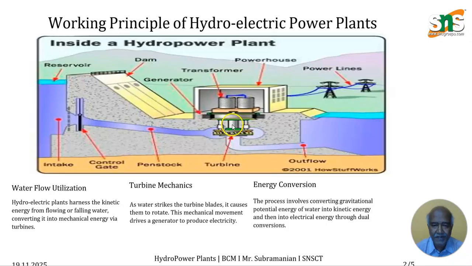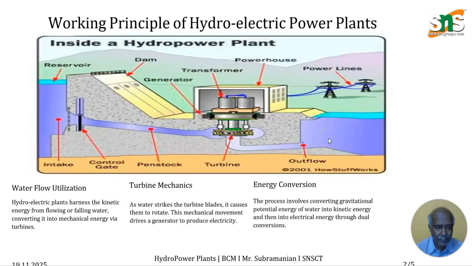The turbine shaft is fixed with the generator shaft, which produces electricity, and with the help of the transformer, it is distributed to the power lines. Without any wastage, the water, after rotating the turbine, is passed to the river as outflow to supply for agriculture and other purposes.